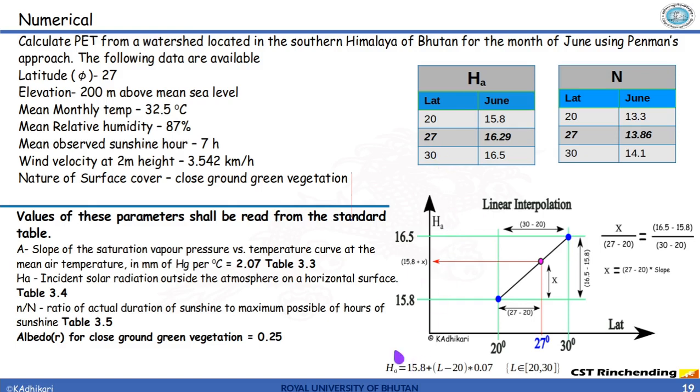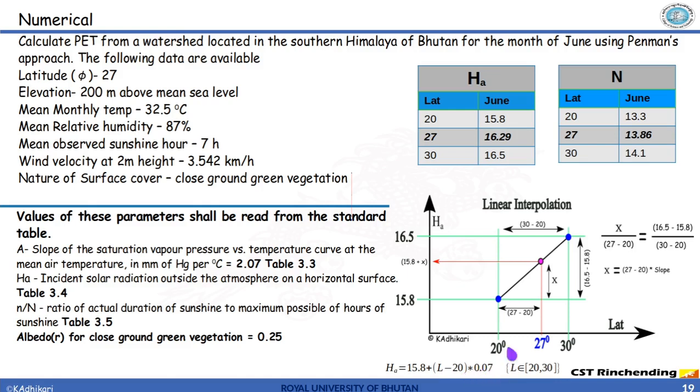I substituted the value of x here, and instead of writing 27 I replaced it with L, indicating latitude. So I get an expression for Ha which is valid between 20 and 30 degrees: 15.8 plus L minus 20, times 0.07, where L could be between 20 and 30.